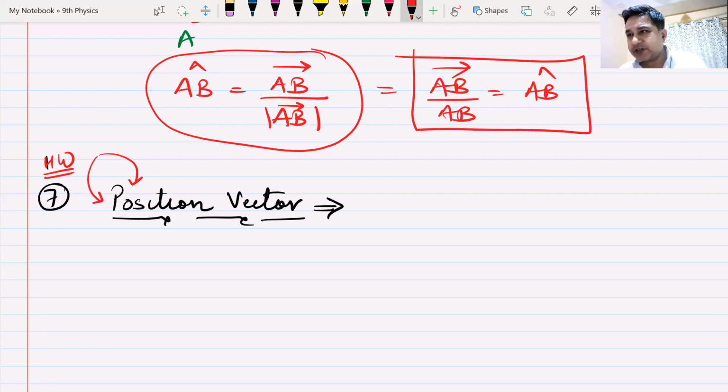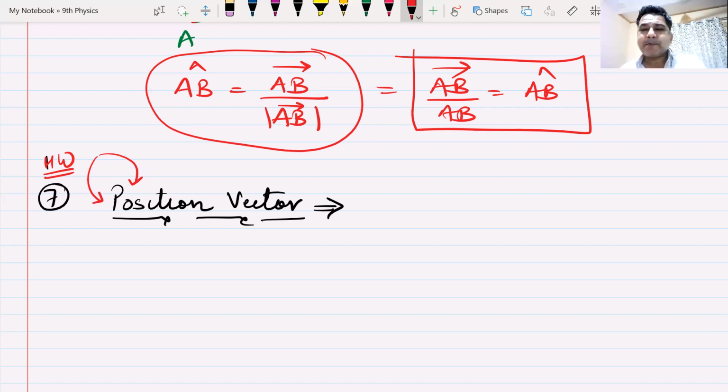This position vector is going to serve a lot of purpose in what we are going to do in the next coming classes. As I told you beforehand, beta, what we are doing here is not part of your curriculum of 9th standard anywhere. Why are we doing it?